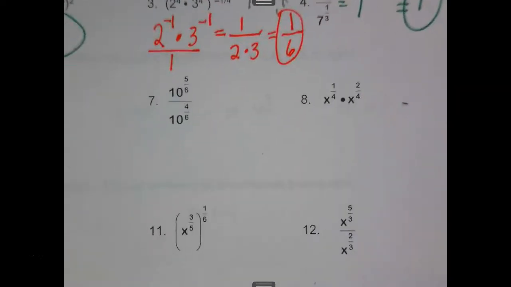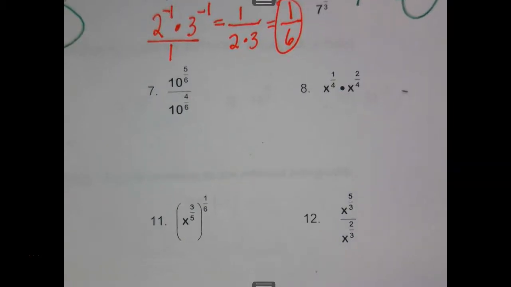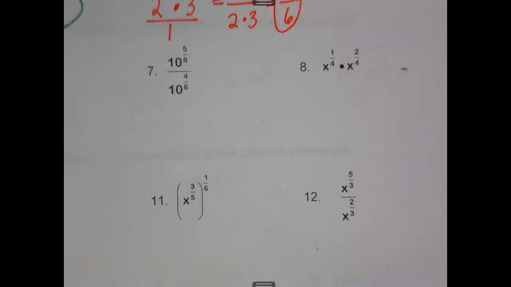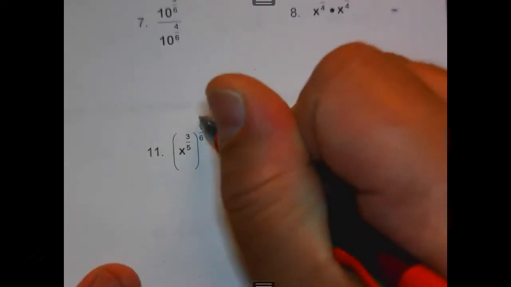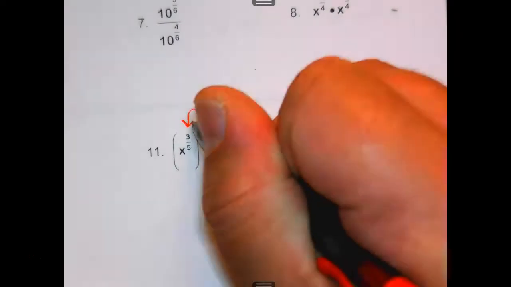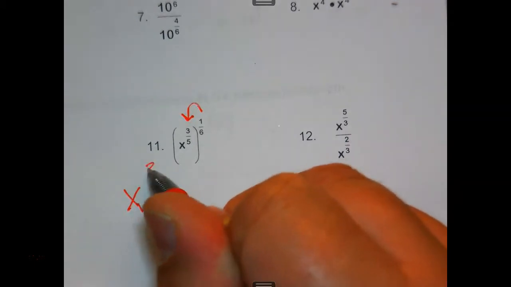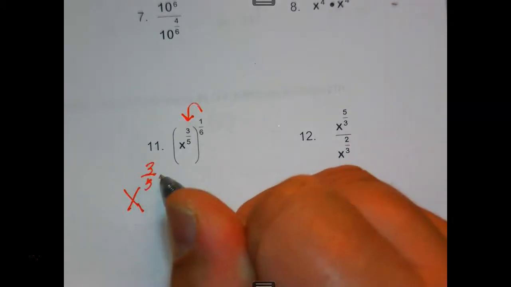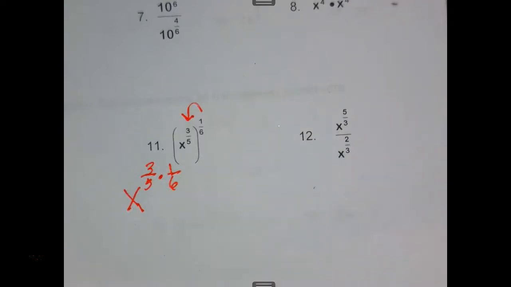Okay, number 11, the last one I'm doing. I have a power to a power, so I have to do what? Multiply. X to the 3/5 times 1/6. Ready, set, go.